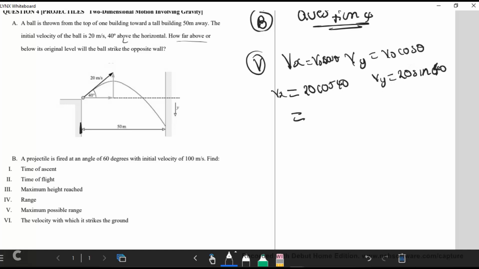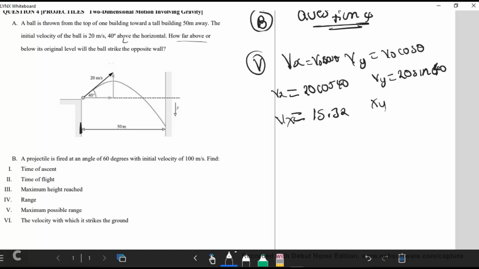Meaning 20 cos 40 here is 15.32, that is in the x.